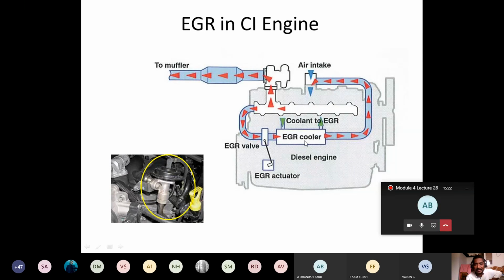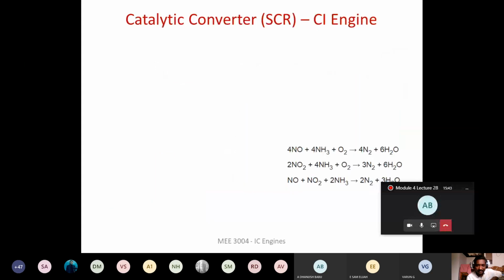This we have already discussed in the previous session about the working of the exhaust gas recirculation system. So for removing hydrocarbon and carbon monoxide, we have to go for the diesel oxidation catalyst, and to remove NOx from the CI engine, you have to go for EGR. So both have to be employed, correct?